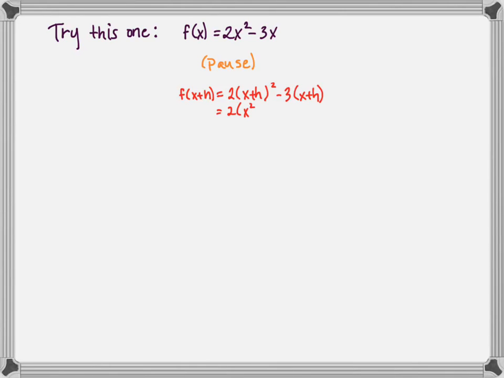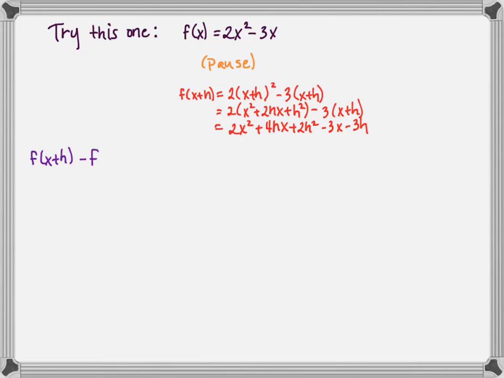So we already know that x plus h quantity squared is x squared plus 2hx plus h squared. We saw that on the last slide. So I have 2 times that minus 3 times the quantity x plus h. Now I'll distribute. So I have 2x squared plus 4hx plus 2h squared. Distributing the negative 3, I get negative 3x minus 3h.